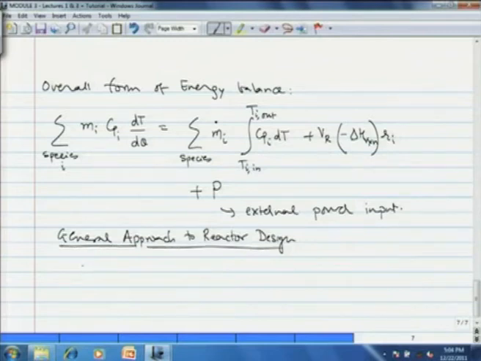If the reactor is of batch type, then the volume VR can be taken as constant, and let us say we have a homogeneous reaction.